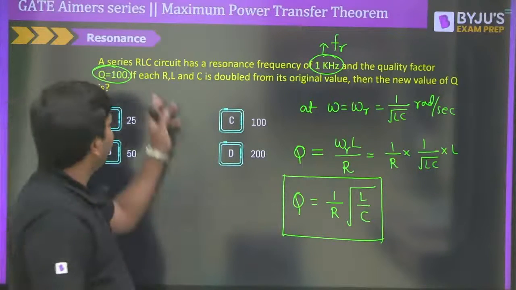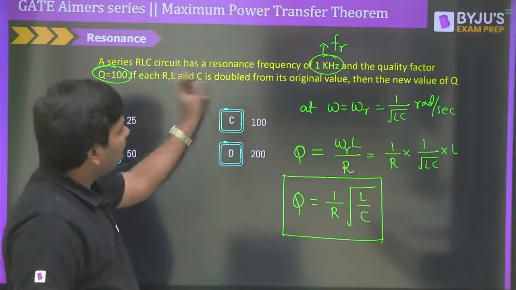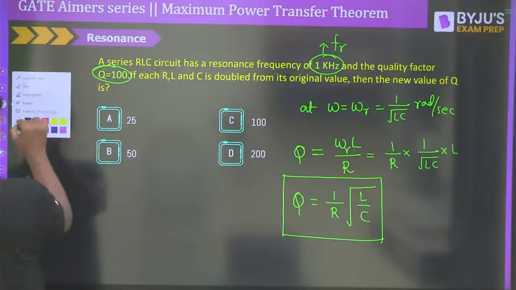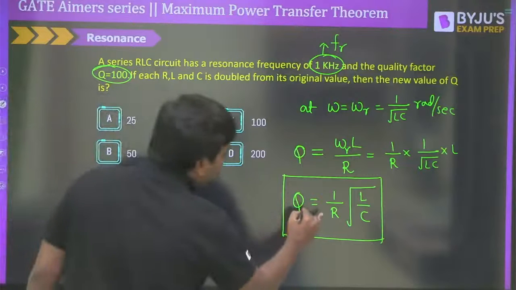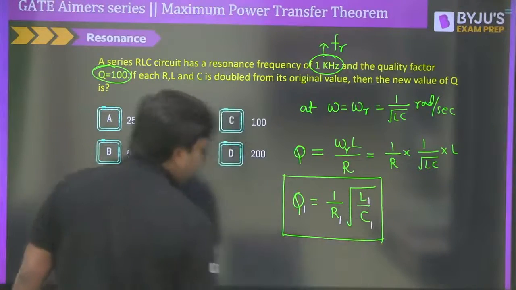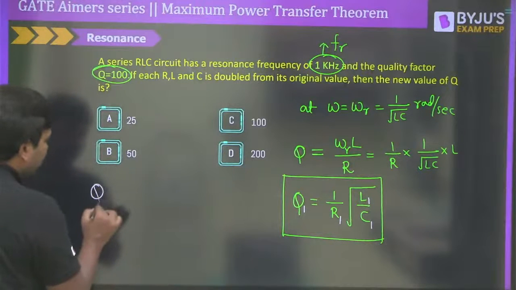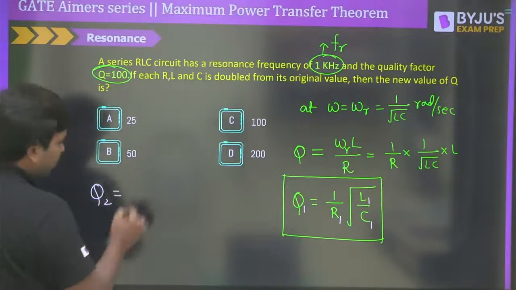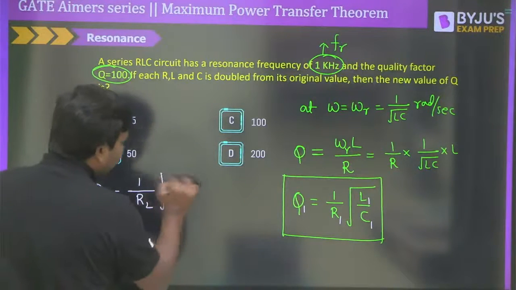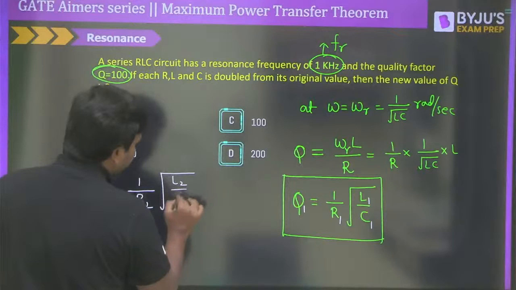Now he is saying that R, L, C all are doubled. Then what is the new value of Q? So it is Q1 like this, and Q2 is equal to 1 divided by R2 into under root of L2 divided by C2.